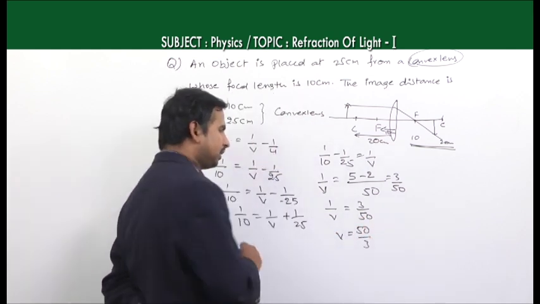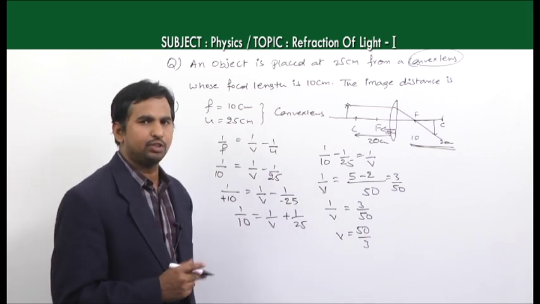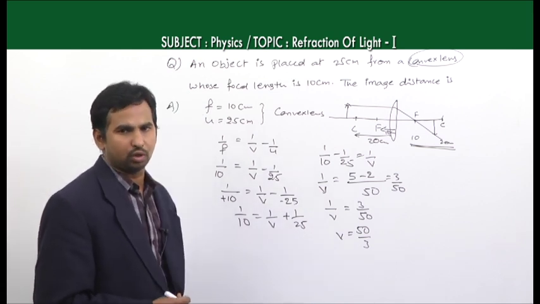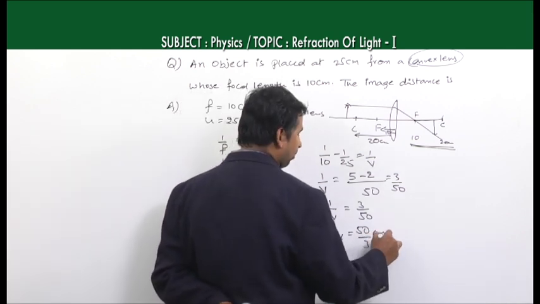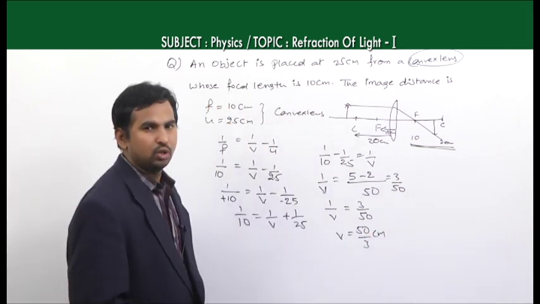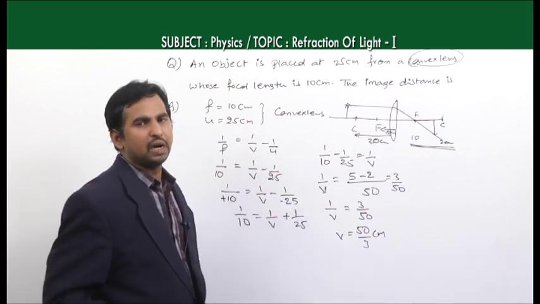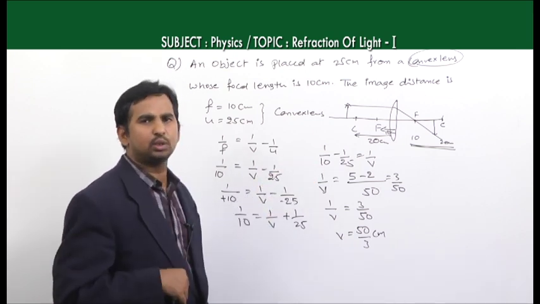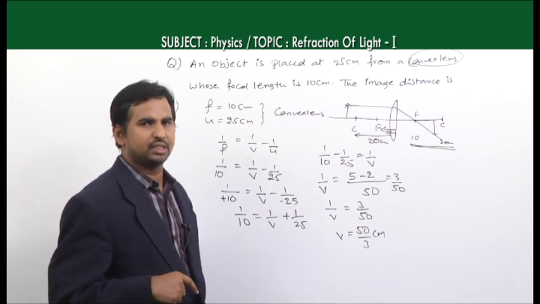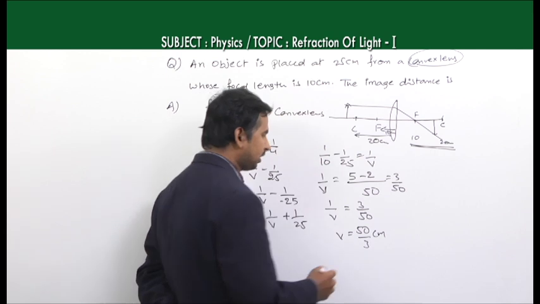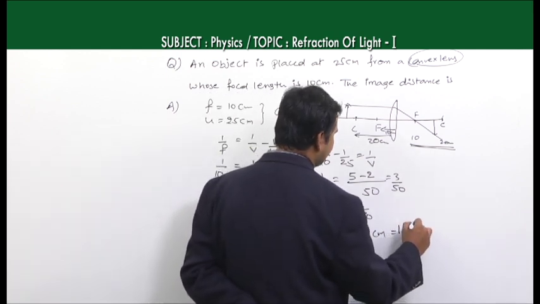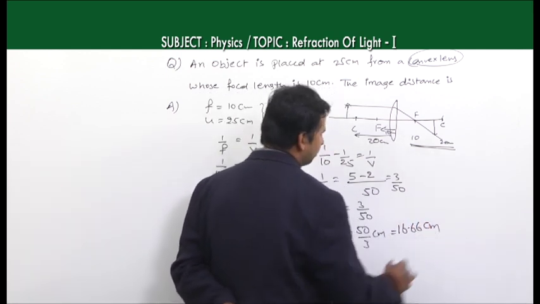We got a positive image distance, so the sign convention here for the image distance formed by this convex lens is positive. So the image is formed after the lens, in the direction of the incident light rays, where we measure that distance. V is equal to 50 by 3, which is nothing but 16.66 centimeters.